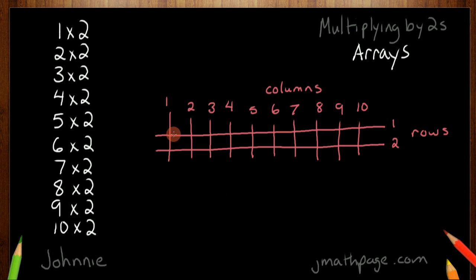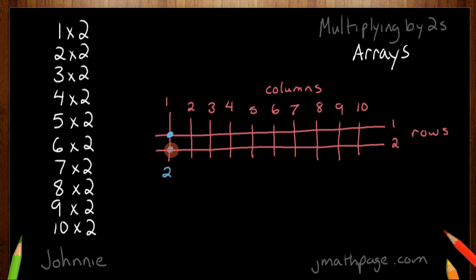Well, how does that help us to understand how to do these multiplication problems? Well, let's think about the intersections that happen along the way. When I have one column and 2 rows, how many intersections do I have? Well, if I look here, 1 column and 2 rows, I end up with 2 intersections.